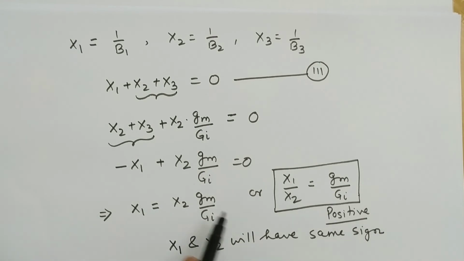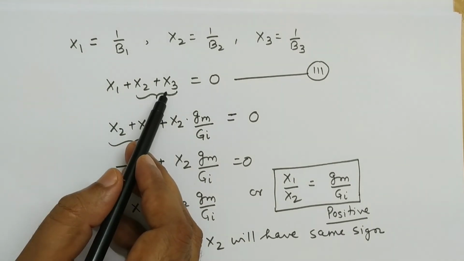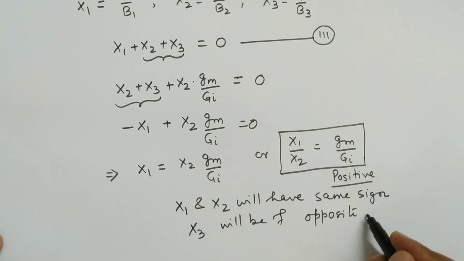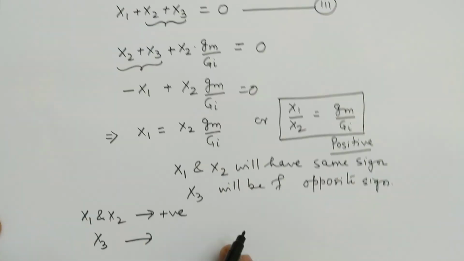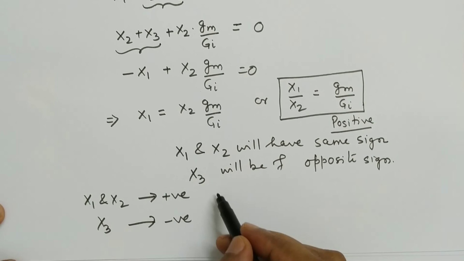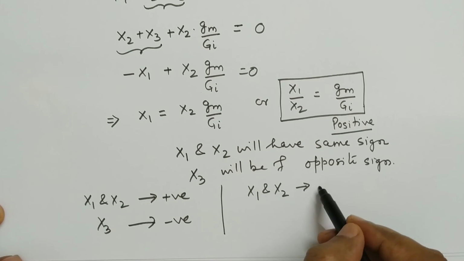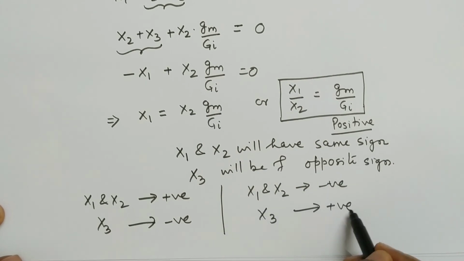And if x1 and x2 have the same sign, then x3 will be of opposite sign. So if x1 and x2 are positive, x3 will be negative. If x1 and x2 are negative, x3 will be positive.